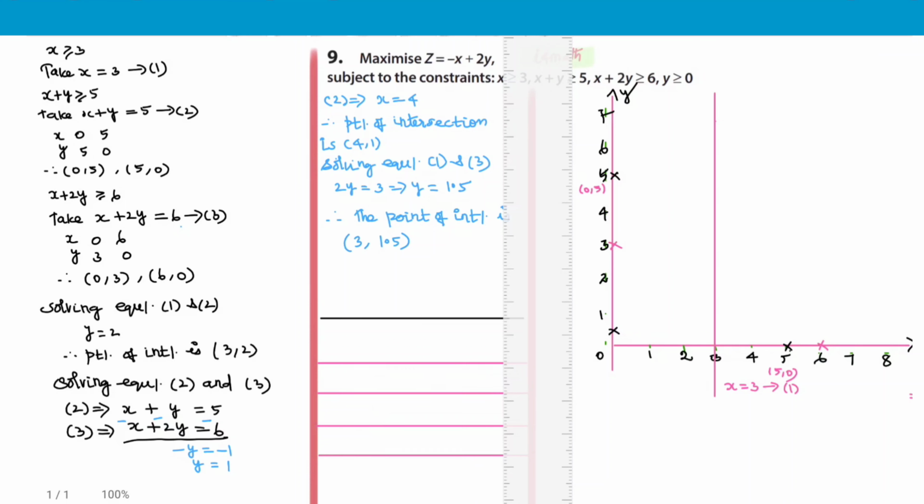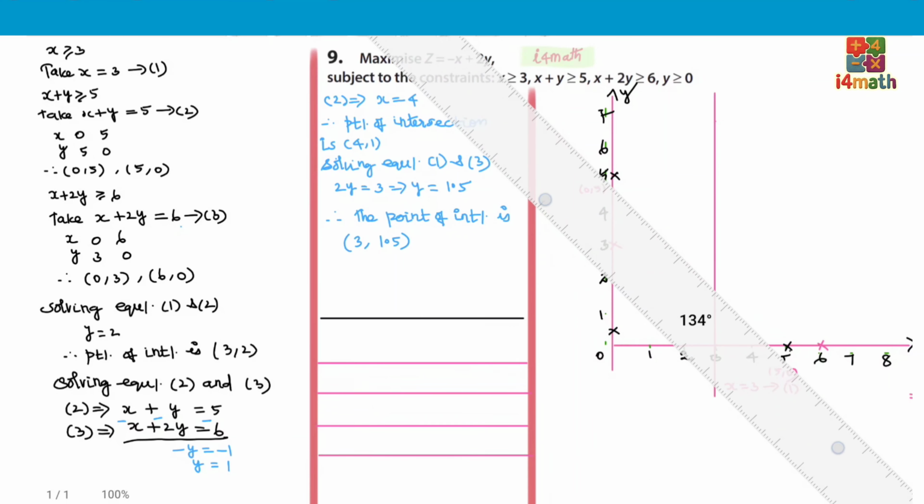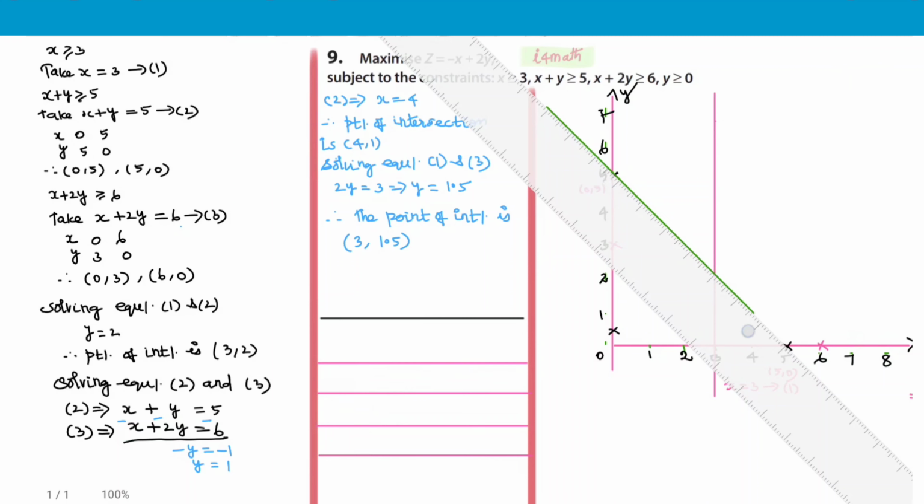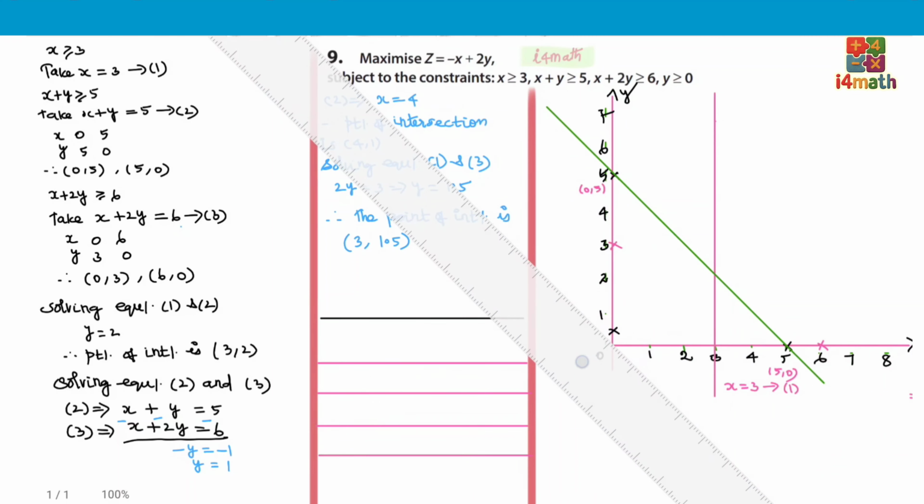Now join these 2 points by a scale. So this is called x plus y which is equal to 5. And this is called equation number 2.